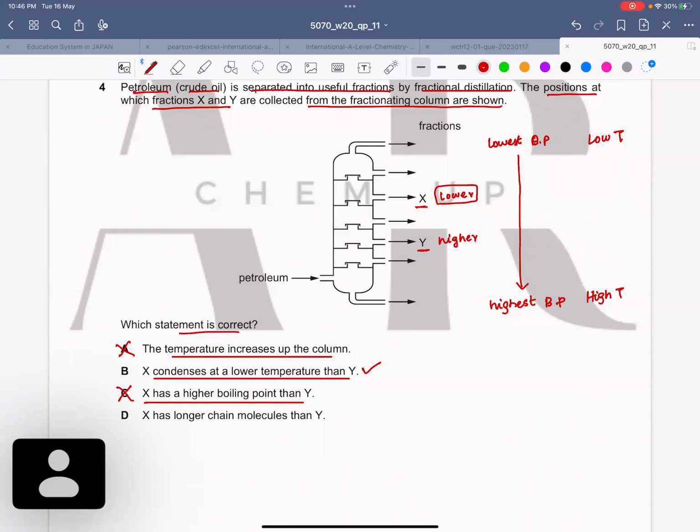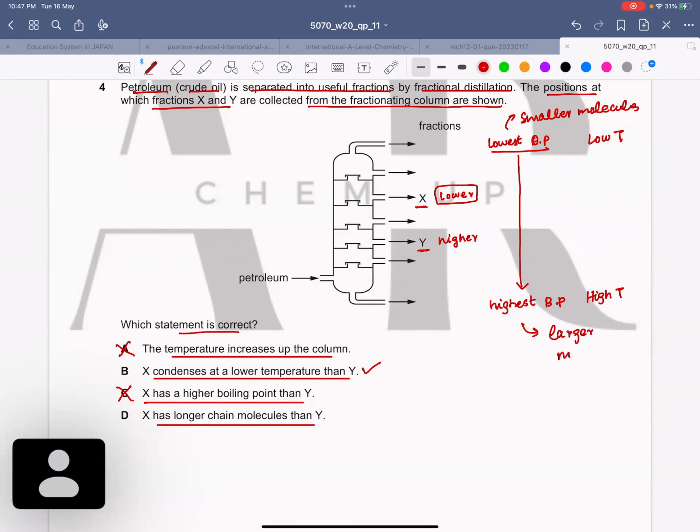Okay. Statement D: X has longer chain molecules than Y. So if you recall, the ones having the lowest boiling point are the smallest molecules, and the ones having the highest boiling point are actually larger molecules.